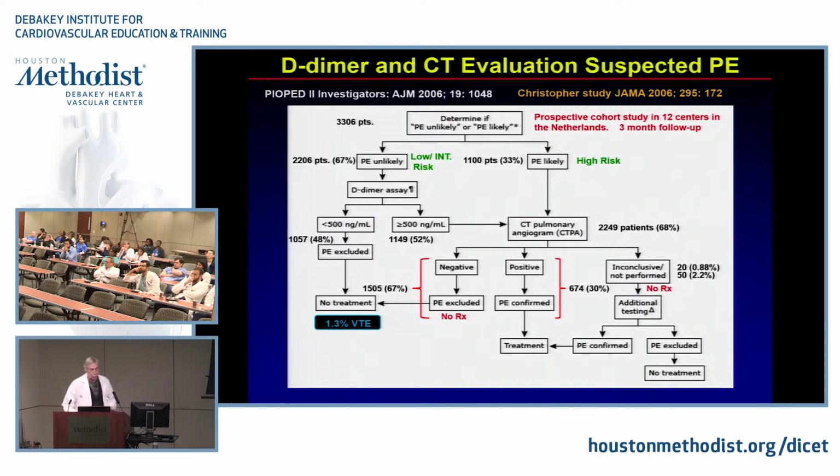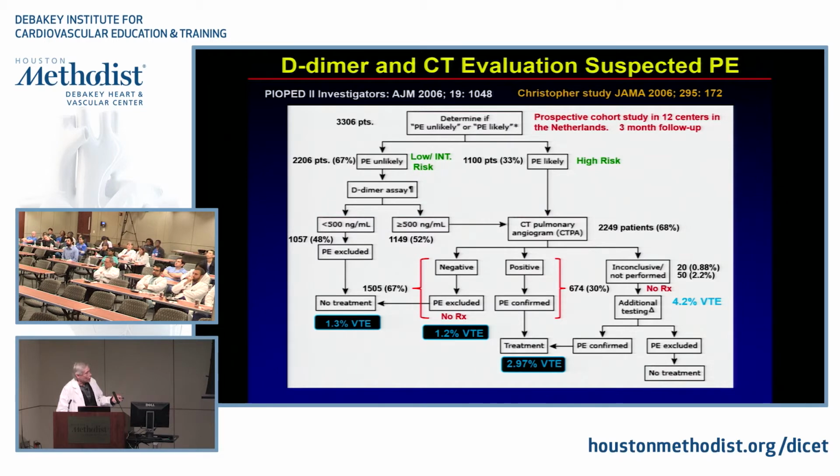In fact, if you look at the rate in people that have negative D-dimers, it's a very low rate of venous thromboembolic events. And in patients that have normal CT angiograms, it's also extremely low. And if you have a positive PE, obviously it goes up considerably.